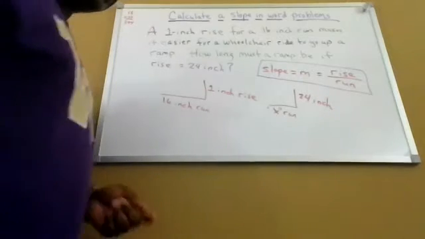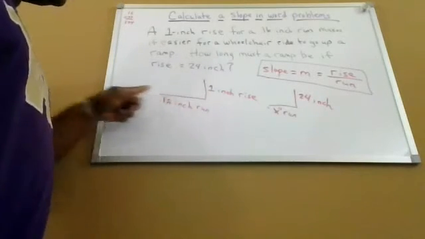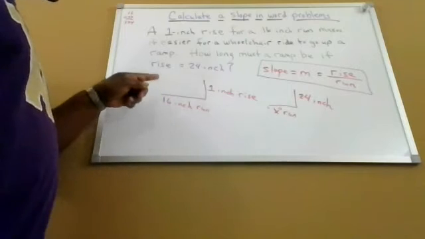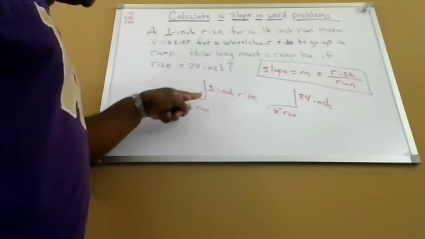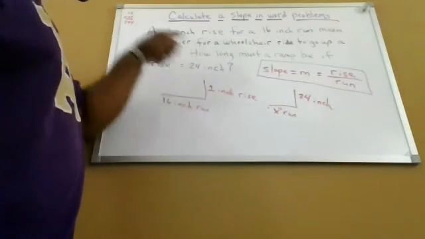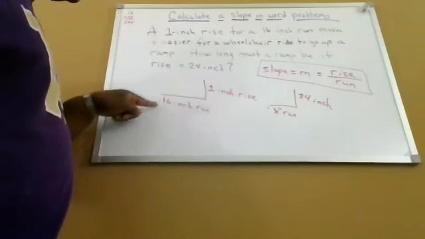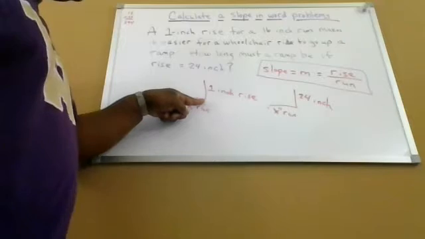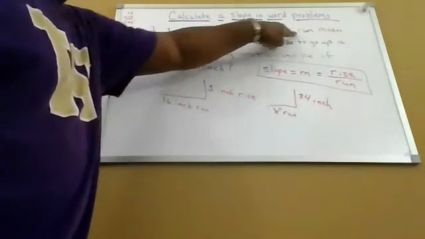So what we do is draw a picture. So here's my ramp. This side represents the 1-inch rise. This side from here to here represents my 16-inch run from up here.